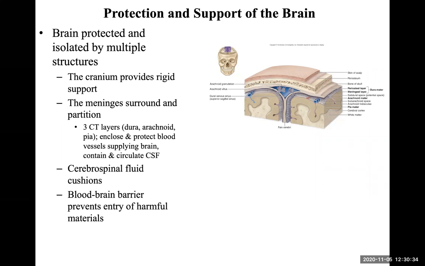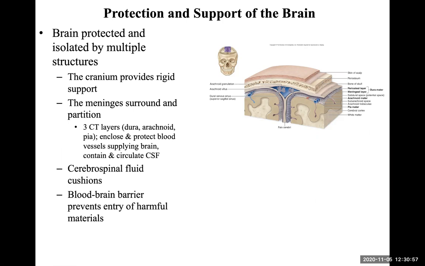And I'll say this right now, and I'll say it again going forward, but cerebrospinal fluid circulates through the brain in the subarachnoid space, right? So sub meaning beneath. So the layer beneath the arachnoid mater, which is right here, this is the subarachnoid space, and this is where cerebrospinal fluid flows.